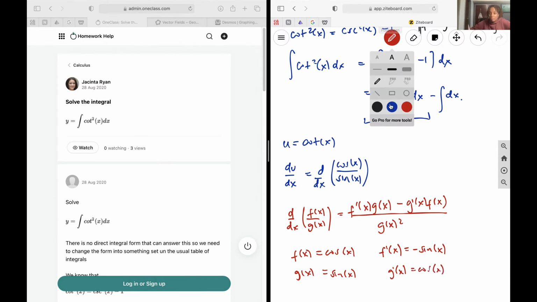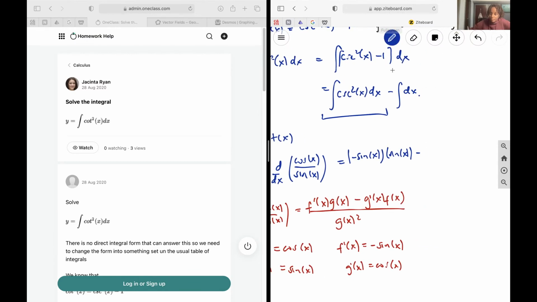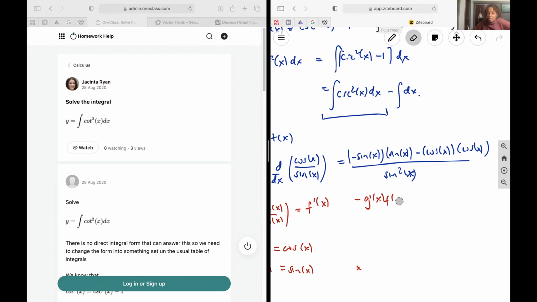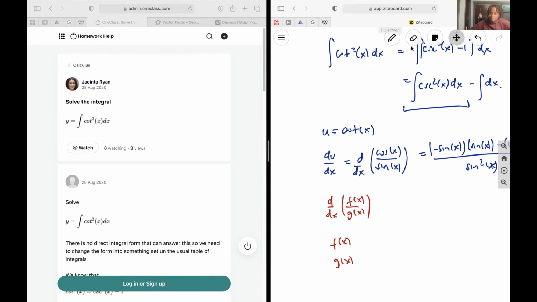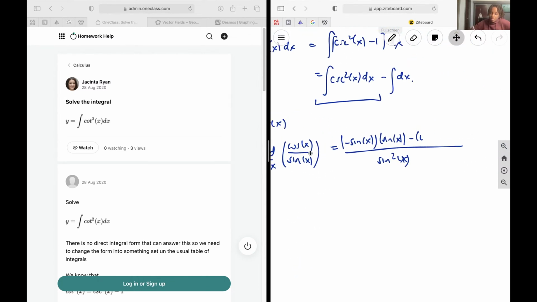And so we're just going to put that all back in. And we find that the derivative of cotangent x is going to be negative sine x times sine x minus cos x times cos x, all over sine squared x. Let's just erase everything we wrote below to get there. Okay, and then we're going to simplify this.